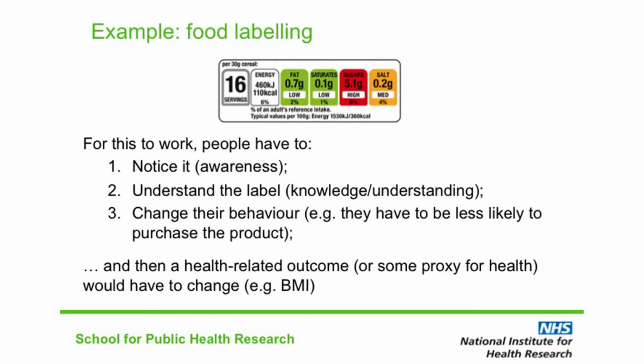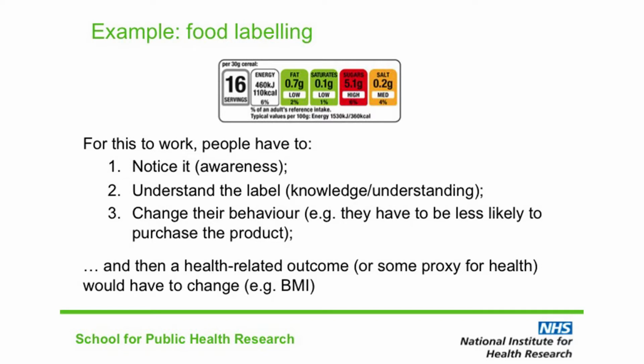Here's an example of something you should be familiar with: food labelling. Now, I'm going to give you a simple theory of change, a simple theory of what needs to happen for this intervention to work in terms of changing people's behaviours and health. So first of all, people need to notice and see the food labels.